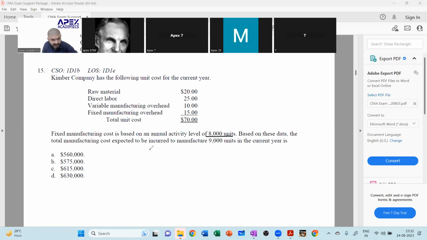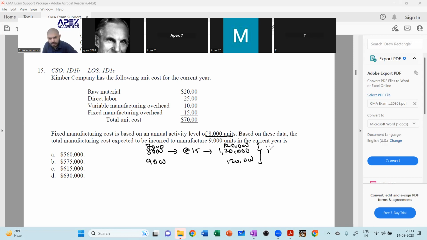For 8,000 at the rate of 15, this comes to 1,20,000. So whether you make 9,000 or 7,000, you are going to have 1,20,000 only as your fixed cost.